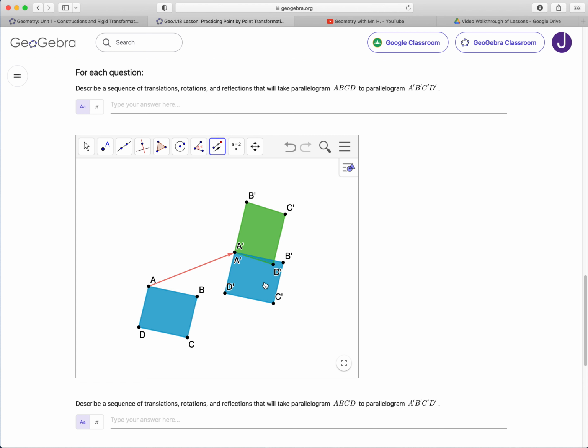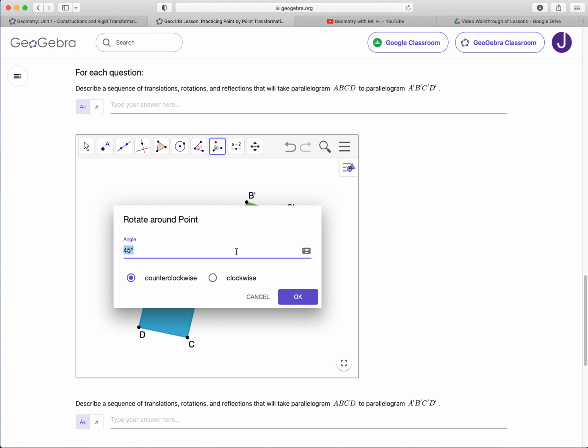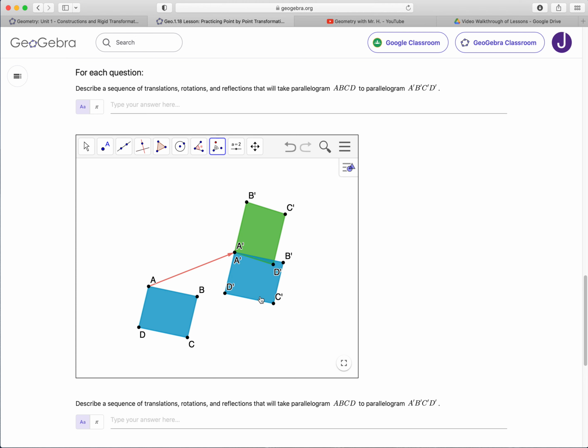All right, and now I'm going to rotate this up because I want D to land on D prime. So I'm going to rotate this object around this point because that's the point that I already matched up. And whoops, I don't know the angle. So we're going to have to measure this angle.